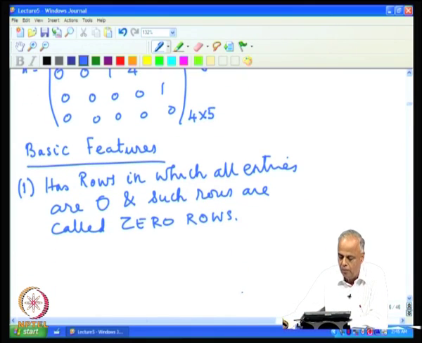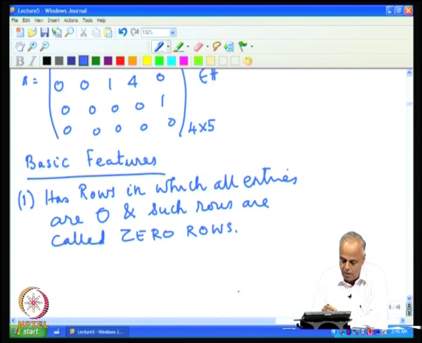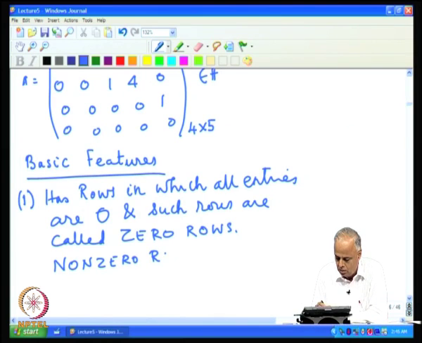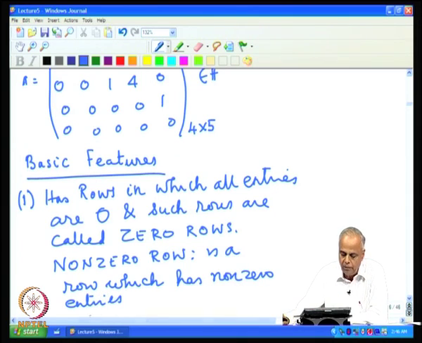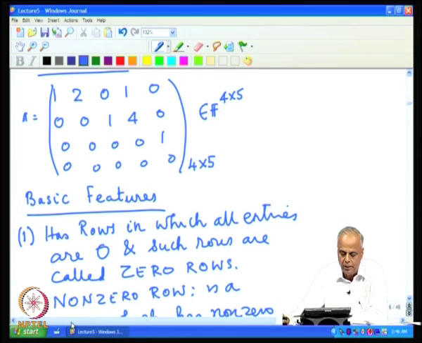Now, obviously, a row which has non-zero entries is called a non-zero row. So, the first thing we observe is that the matrix has 0 rows and non-zero rows.